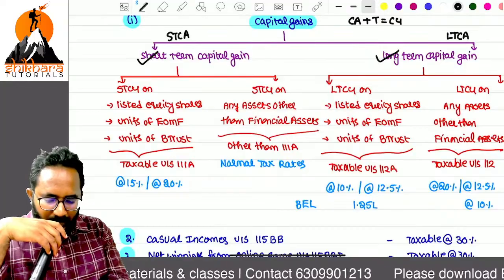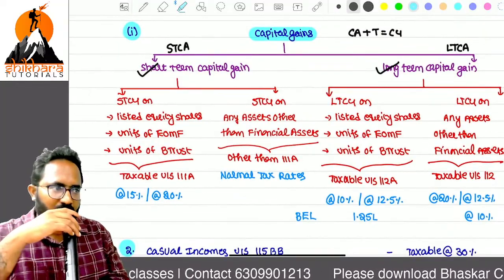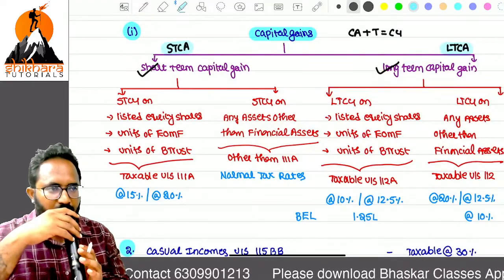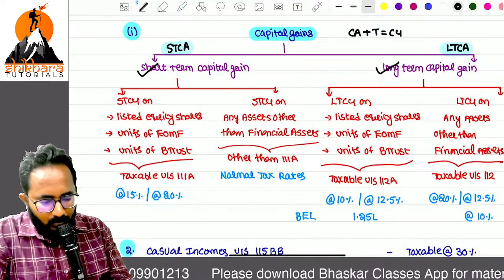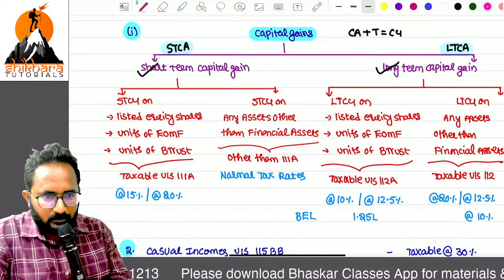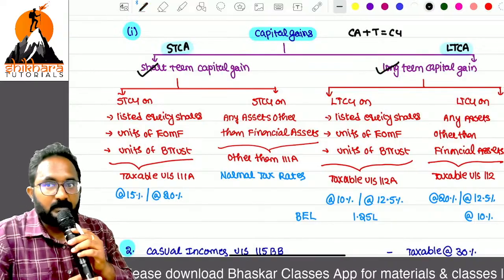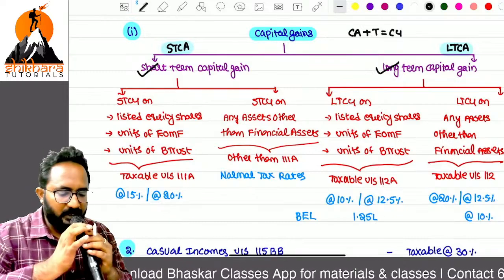Now I'm classifying the capital assets into 2 categories. One is long-term capital asset, another one is short-term capital asset. You know already. But I want to highlight just 3 capital assets separately. What are the 3 capital assets, ma?